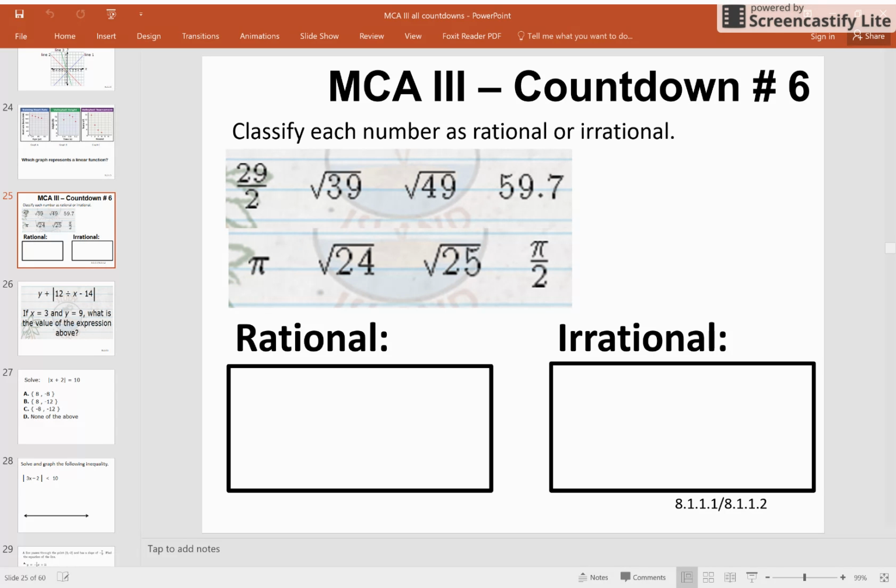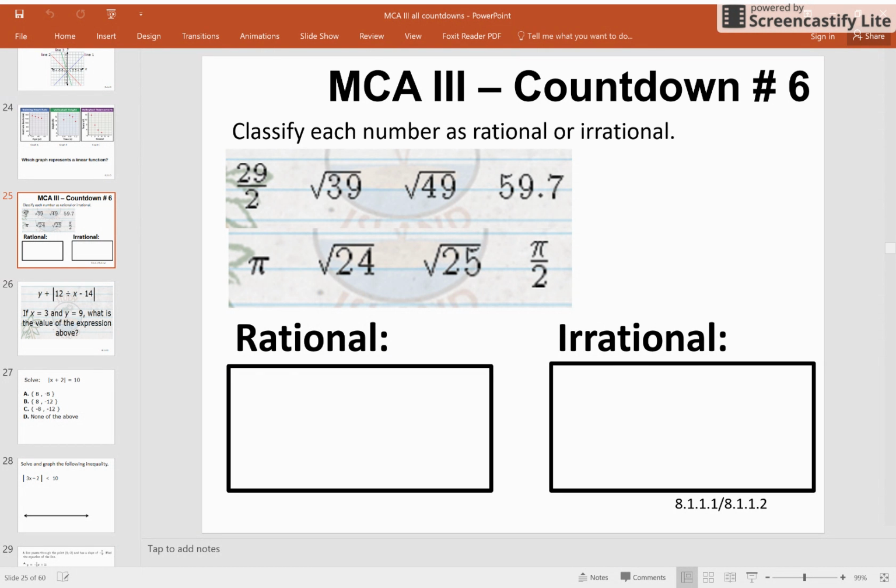So 3x is less than 8. I'm sorry, I'm adding here. So it's going to be 12. Divided by 3, x is less than 4.